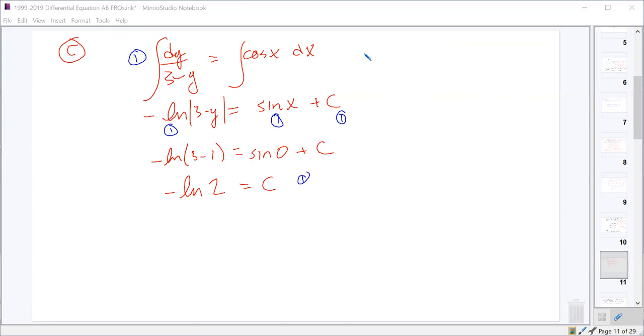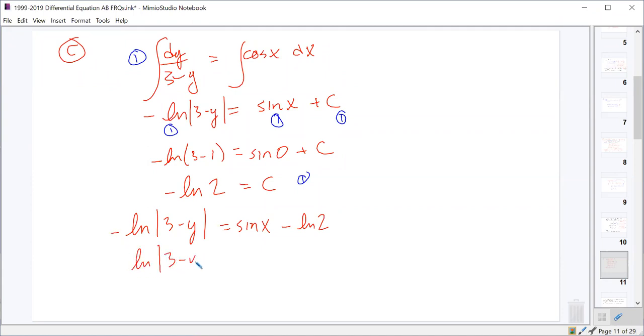And then from there, you needed to go back through and solve for y to get the 6th point. So negative ln absolute value 3 minus y equals sine x minus ln2. So divide by the negative sign: natural log absolute value 3 minus y equals ln2 minus sine x.